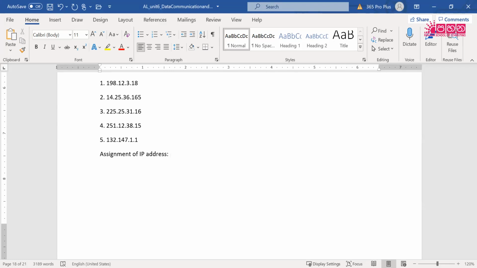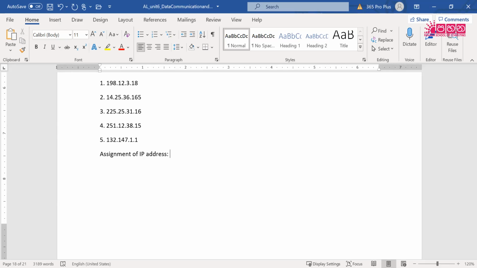Address prefixes are assigned by a central authority and are obtained from an internet service provider. So remember that.